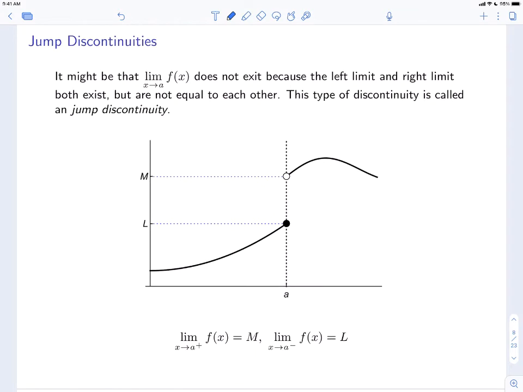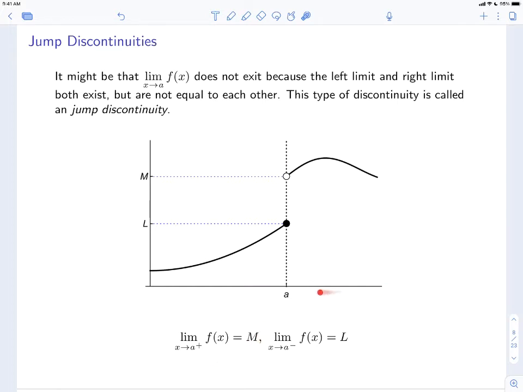Another type of discontinuity is called a jump discontinuity. In this case, the limit does not exist because the left and right limits both exist but are not equal to each other. So in the picture that you see here, the limit as x approaches a from the right is m.